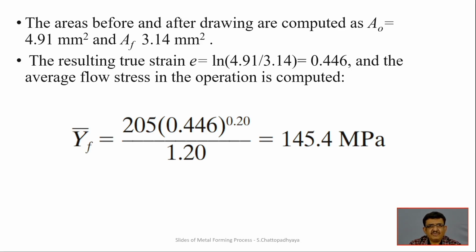Whatever we have found, the value of the strain is 0.446, that is epsilon is the logarithm of 4.91 divided by 3.14, that comes out to be 0.446. So 0.446 is there and 205 is the K, and the exponent is 0.20 divided by 1 plus 0.20, that comes out to be 1.20.